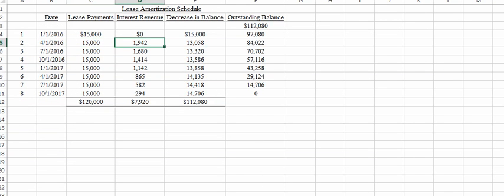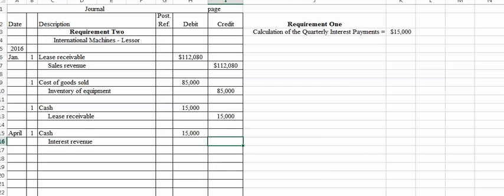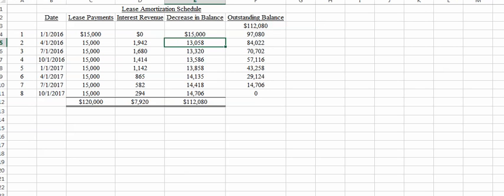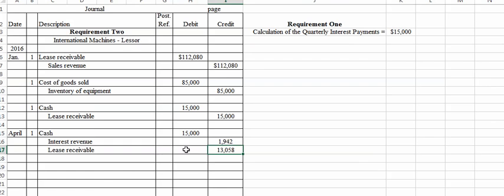Our interest revenue was $1,942. And then we'll credit lease receivable for the difference in the two, $15,000 minus the interest portion. It's $13,058, which should match right here. And that's all they asked for on this one, you guys. Now, they'd carry the entries out as well.